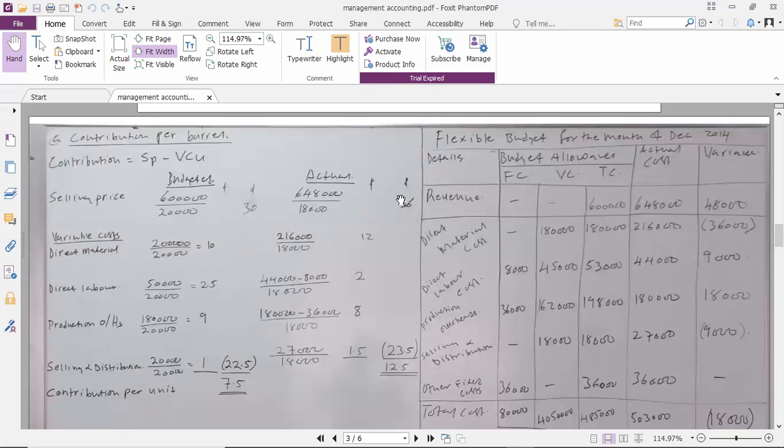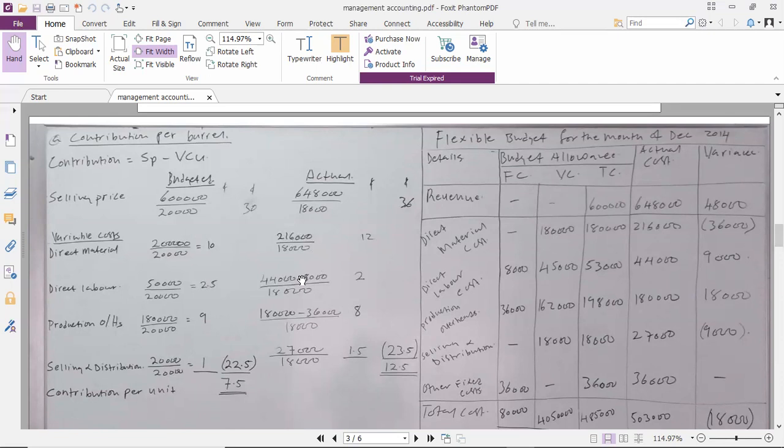When you come to the actual, the direct material cost is 216. So we take the 216 divided by the 18,000, you get 12. Then you get to direct labor. The question was telling you that output changes by 2,000 barrels. A change can be an increase, a change can be a decrease.